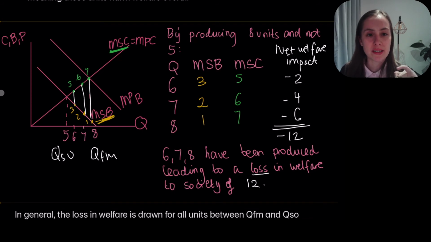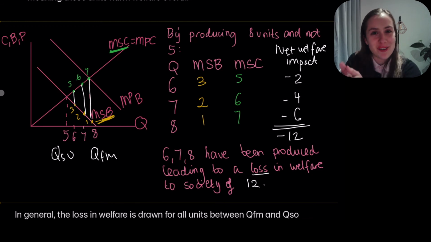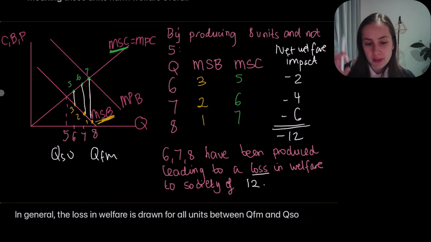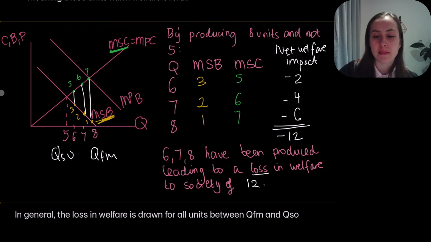So the benefits that the 6th unit has had is 3, and the 7th has had 2 and 1. Remember that more units have less of a benefit for that unit. And track the MSC 5, 6, and 7 and work out the total net welfare impact. The 6th unit only adds 3 to benefits, 5 to costs, so that actually harms society by 2.